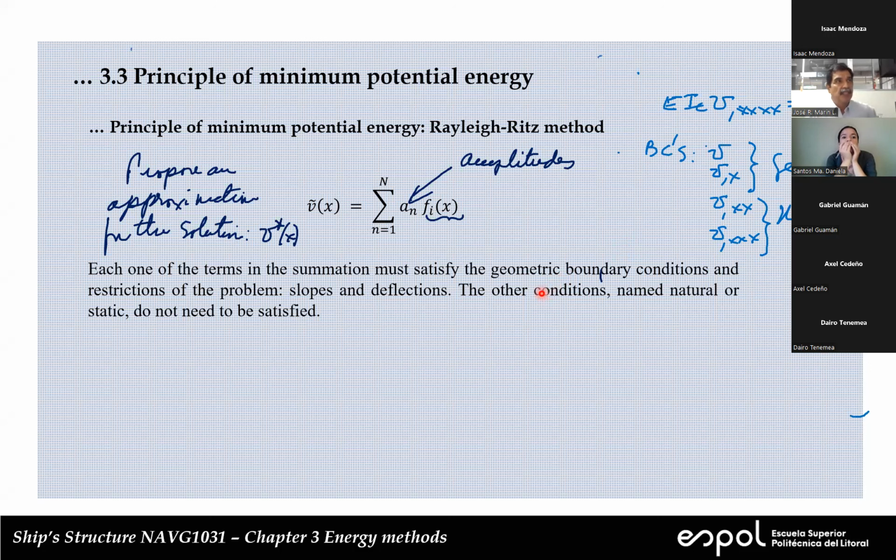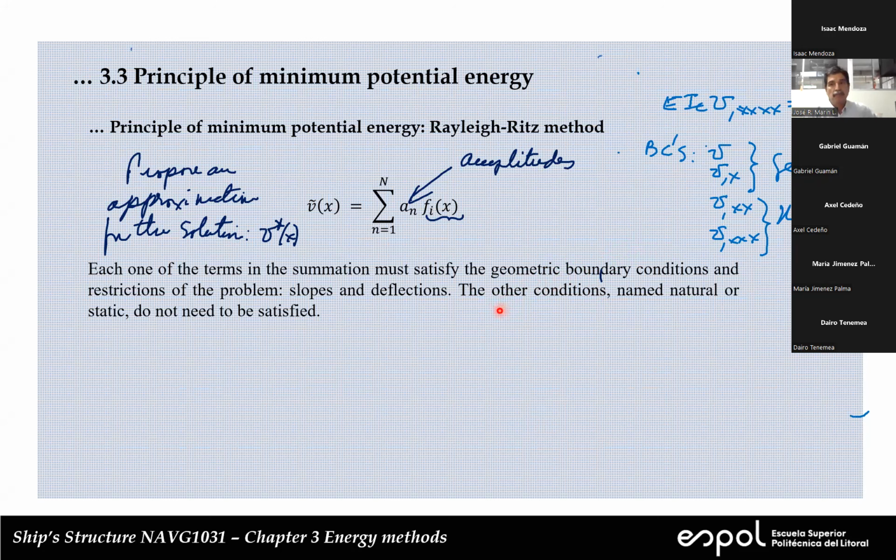Ms. Jimenez, how do you express the bending moment as a function of V, the deflection?